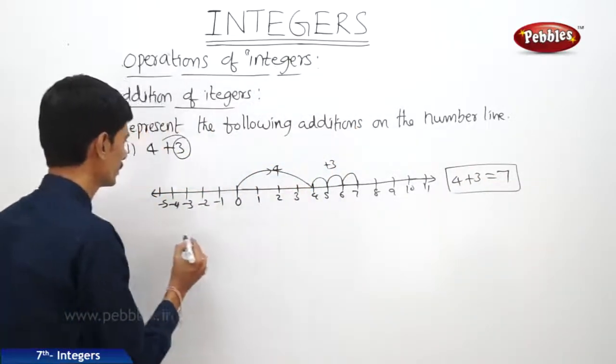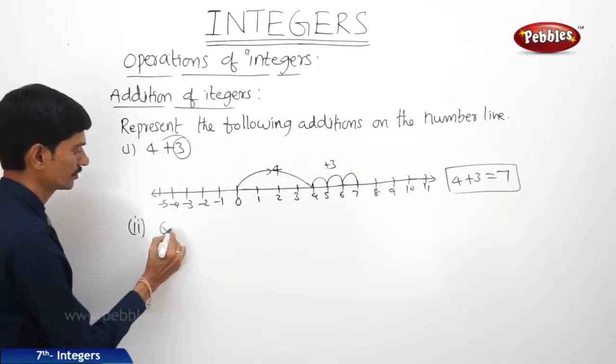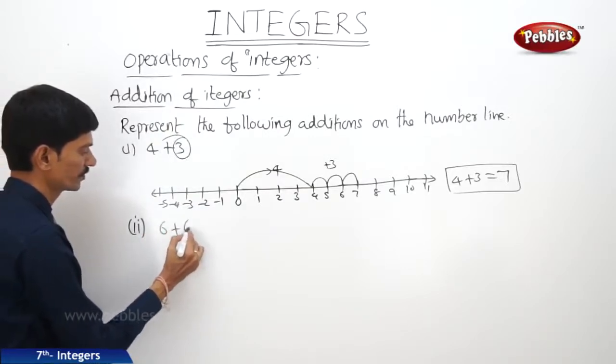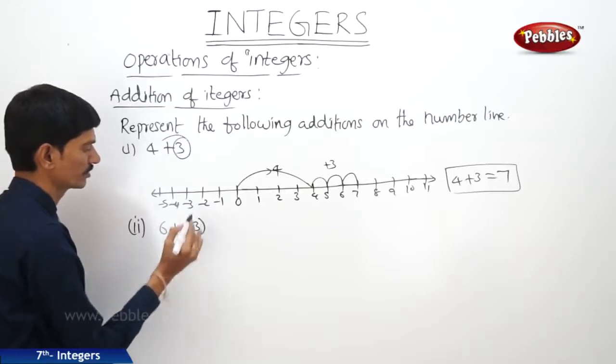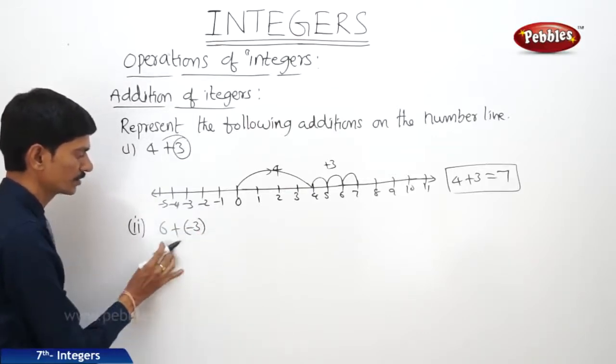Then how to represent the addition 6 plus minus 3 on the number line? Here a negative integer is added to an integer.